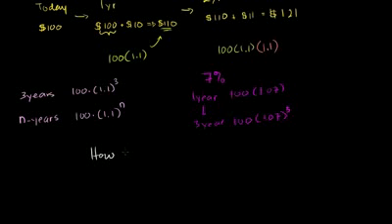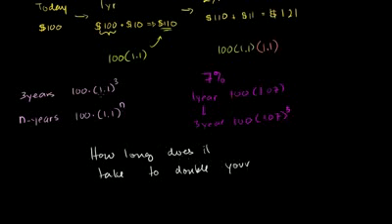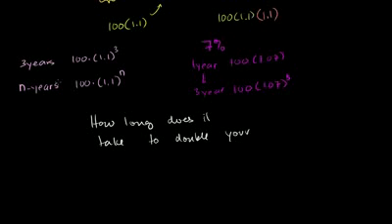And even more, let's say I were to ask you, how long does it take to double your money? If you were to just use this math right here, you'd have to say, I would start with $100, and I'm going to multiply that times, let's say it's a 10% interest, 1.1, to the x, is equal to, well, I'm going to double my money, so it's going to have to equal $200.